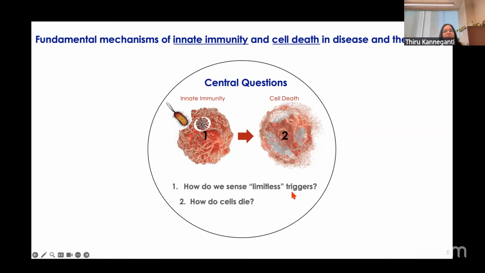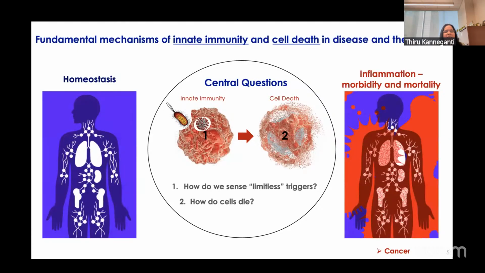So how can our innate immune system sort out this limitless number of triggers, and how do cells die? And these two important questions have implications towards the way we understand maintenance of homeostasis, or when the responses are altered in such a way, it could also lead to inflammation, morbidity, and mortality, right? So these are the two important central questions that we've been addressing in the lab.